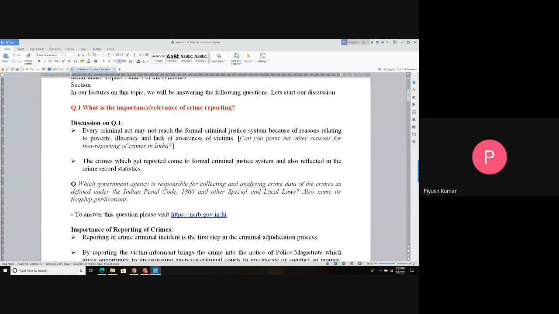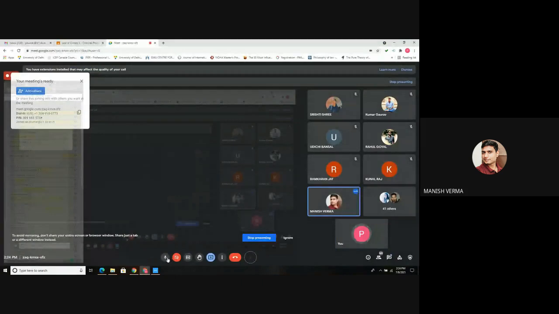So do you have any idea which is the body for collecting and analyzing crime data? NCRB. National Crime Records Bureau. That is the organization. It publishes reports.